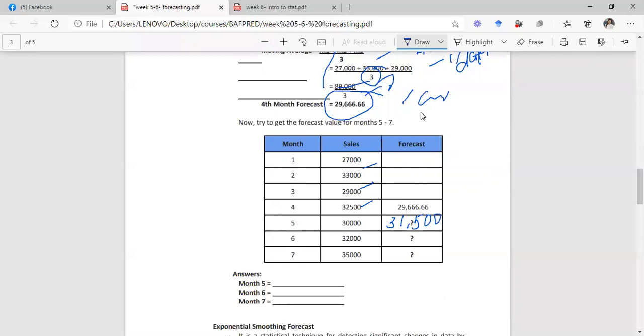And then for month 6, we have to compute 29,000, 32,500 and 30,000.